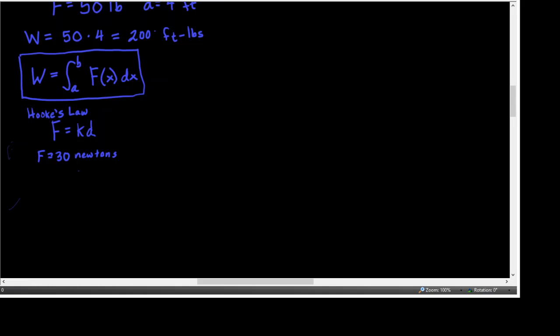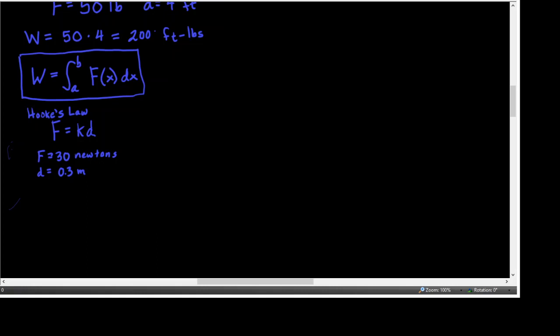So the distance that this force causes the spring to be from its natural length is 0.3. Notice I'm not using the 1.5, except perhaps as a comparison. Like if it said it would compress it to be 1.2 meters long, then what we would be looking for is how far is that from the natural length of 1.5, and that's how we could get the 0.3.